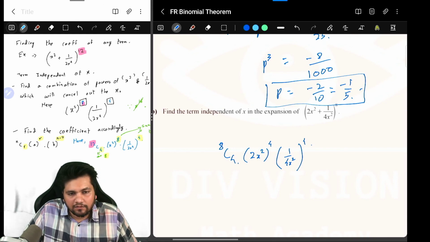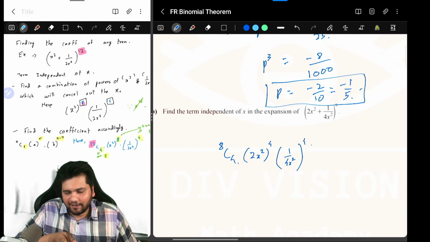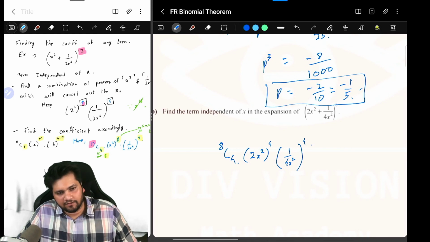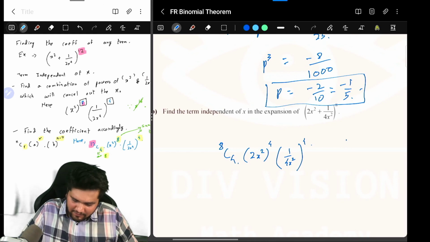I really like this topic. But remember, you gave us a formula for doing such kind of questions. Like there is one formula, the NCR formula. This is NCR into a to the power of n minus r into b to the power of r, something like that.